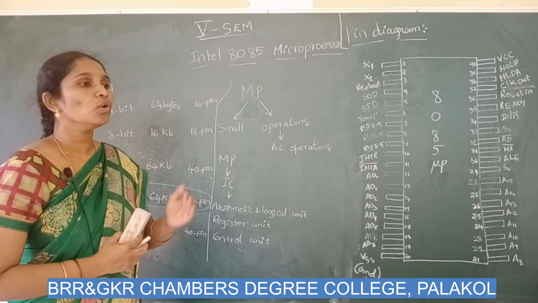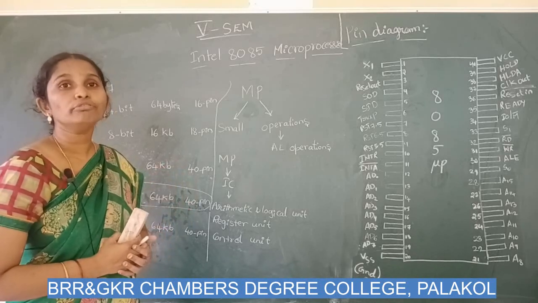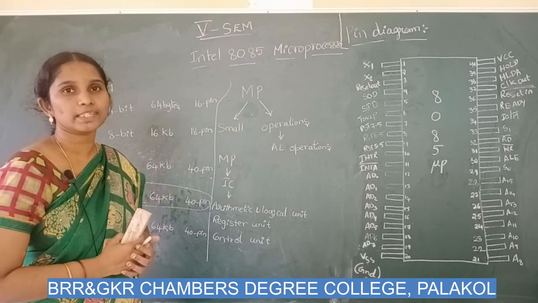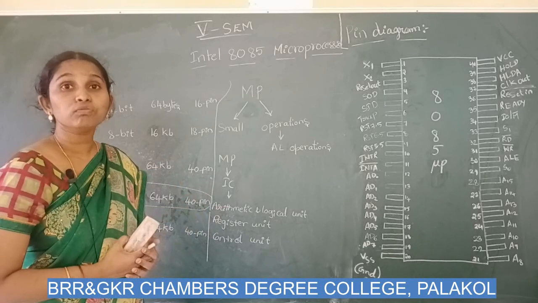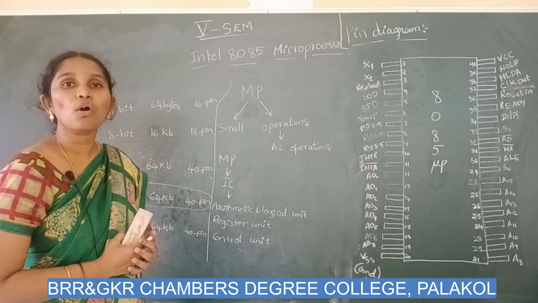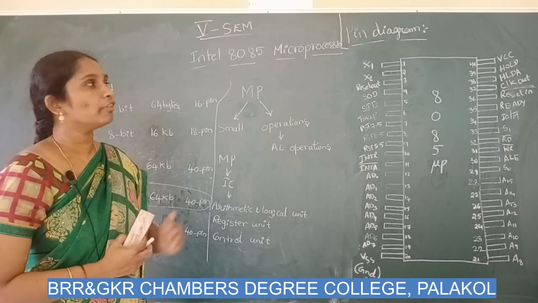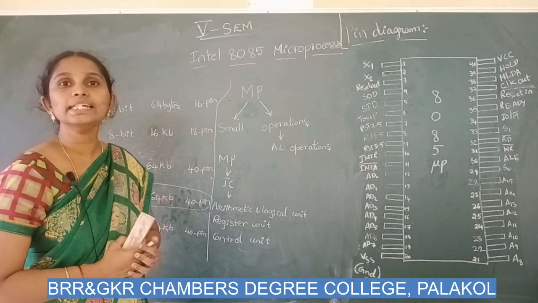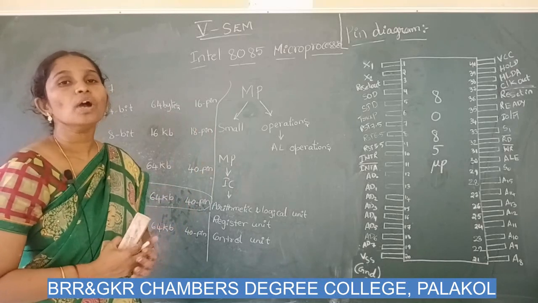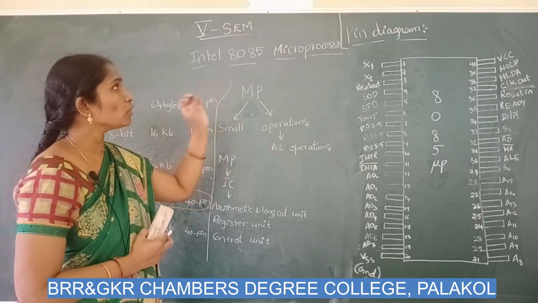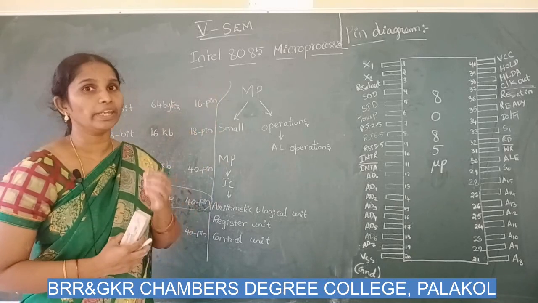Examples of microprocessor based systems are mobile phones and laptops. Now I will explain the operation of a microprocessor with one example.